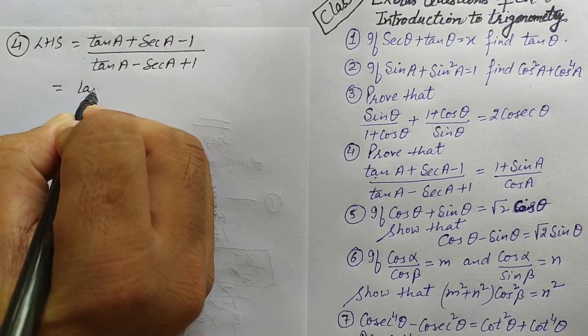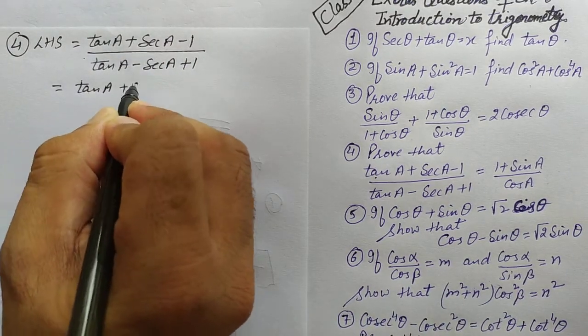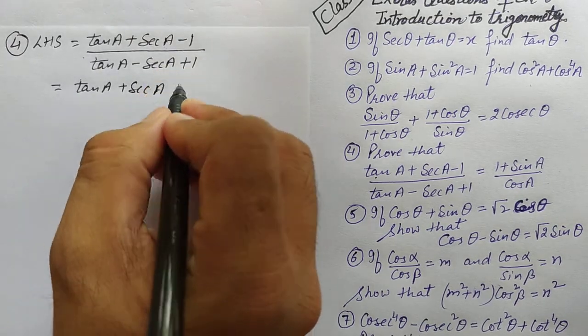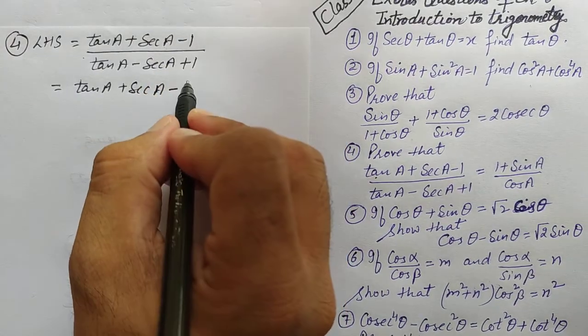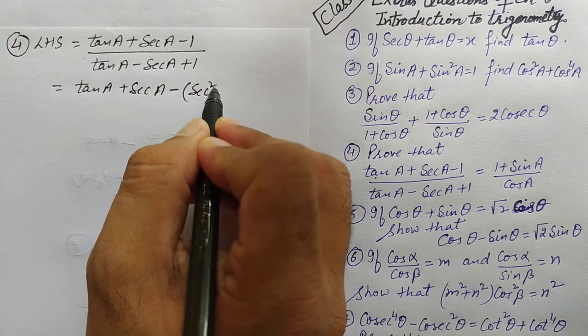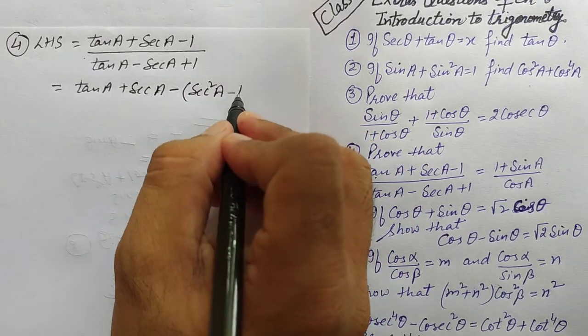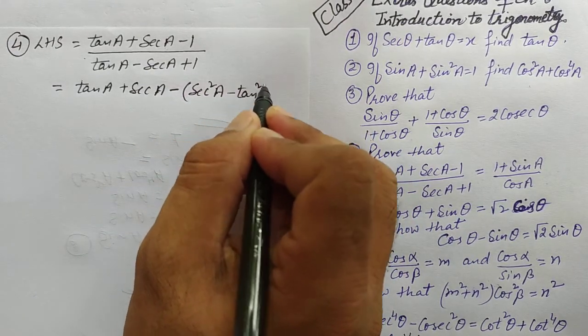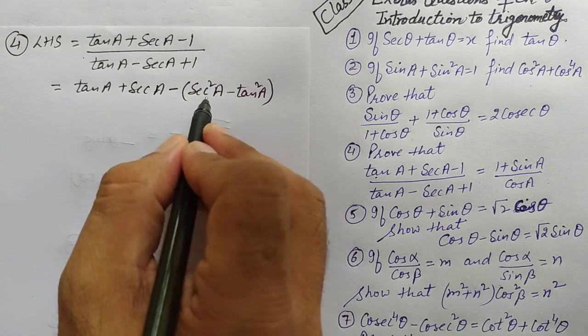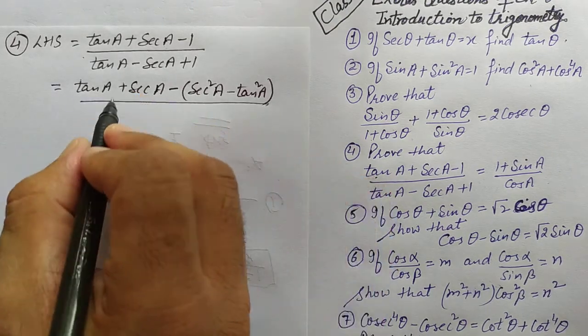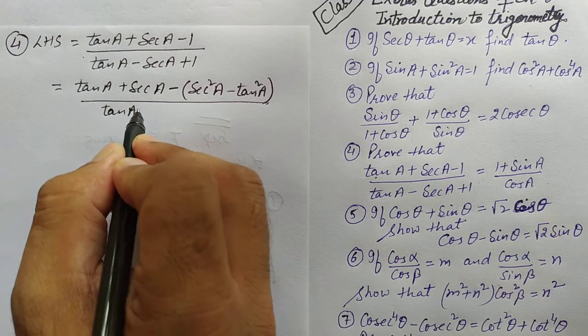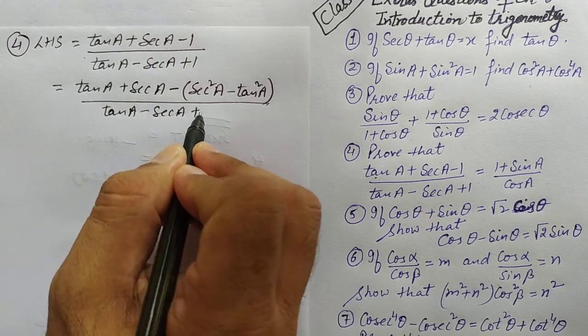So what I told you, that in these type of questions, this 1 will be used as secant square a minus tan square a, right? So it is 1 only that we have used this identity, and in the denominator we keep on writing as it is till last.